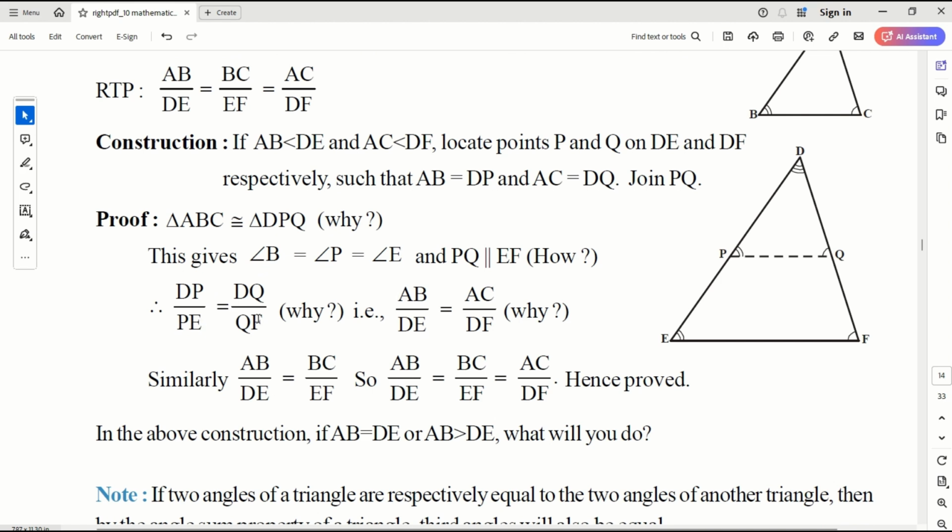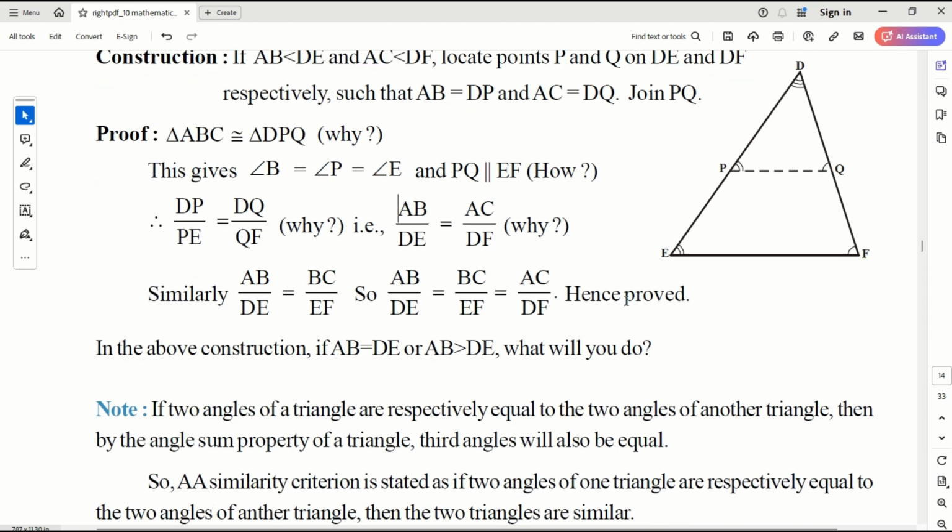You make PE by DP equal to QF by DQ and then add plus 1. So it becomes PE plus DP by DP equals QF plus DQ by DQ. DQ is the same as AC, DP is the same as AB, and in the numerator you will get DE and DF. So the reciprocal is this one. Similarly, we can prove the other two.